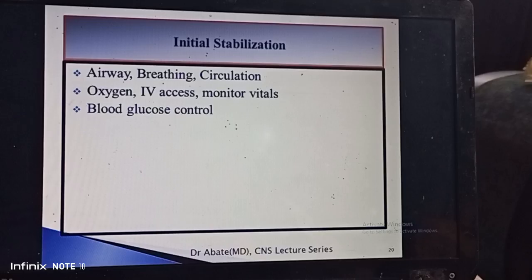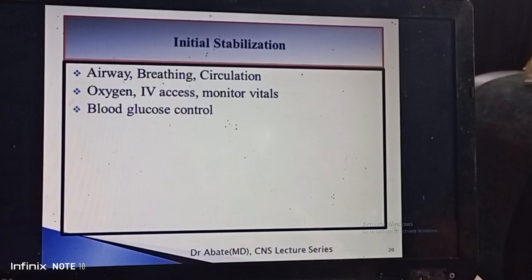The other important thing you have to check immediately is the blood glucose level, because these patients might be either hypoglycemic or hyperglycemic. Patients might have undiagnosed diabetes and present with a high blood glucose level, or they might present after a long duration of no meal, a long duration of fasting, so that they present with hypoglycemia.